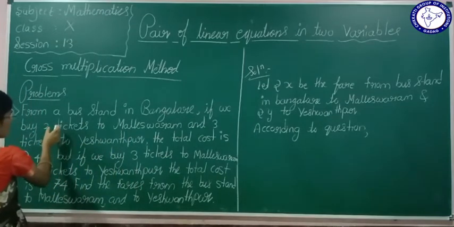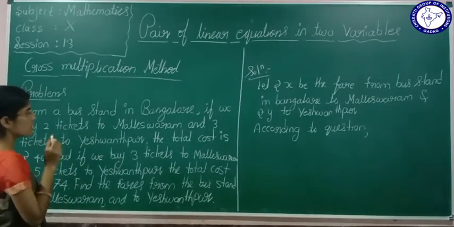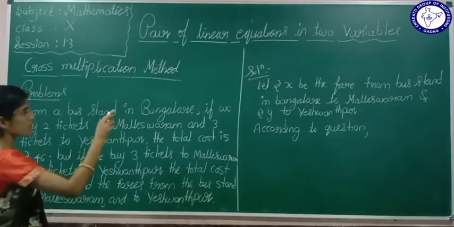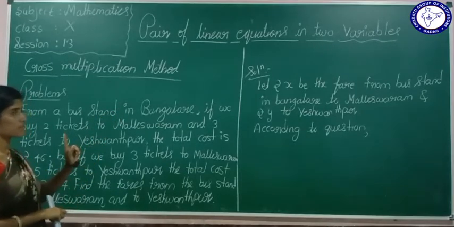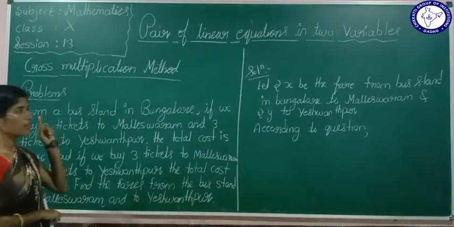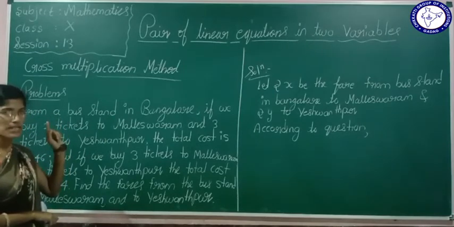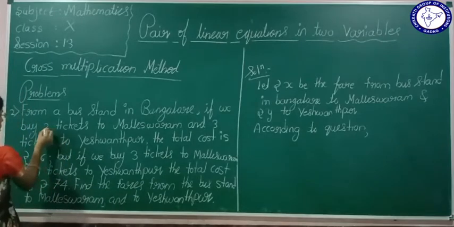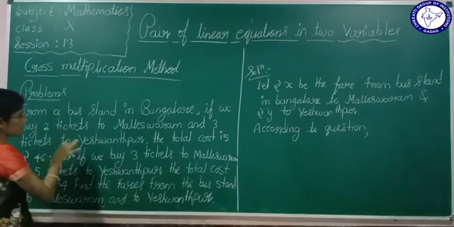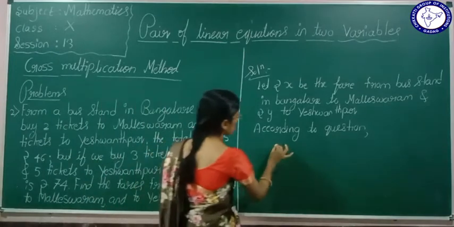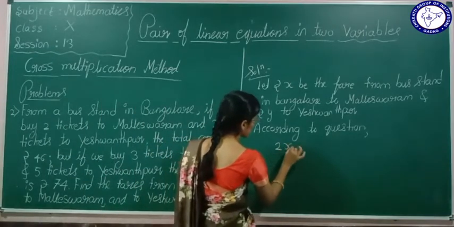We took X as the fare from the bus stand in Bangalore to Malleshwaram, the cost of one ticket. We purchase 2 tickets to Malleshwaram, that is 2x.